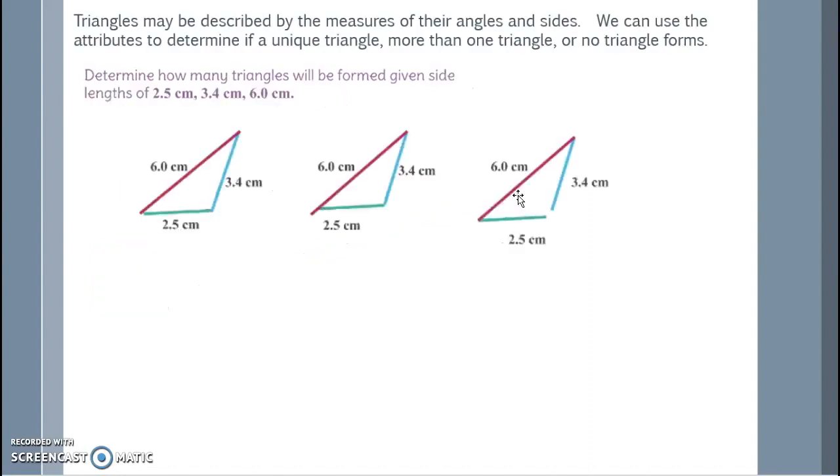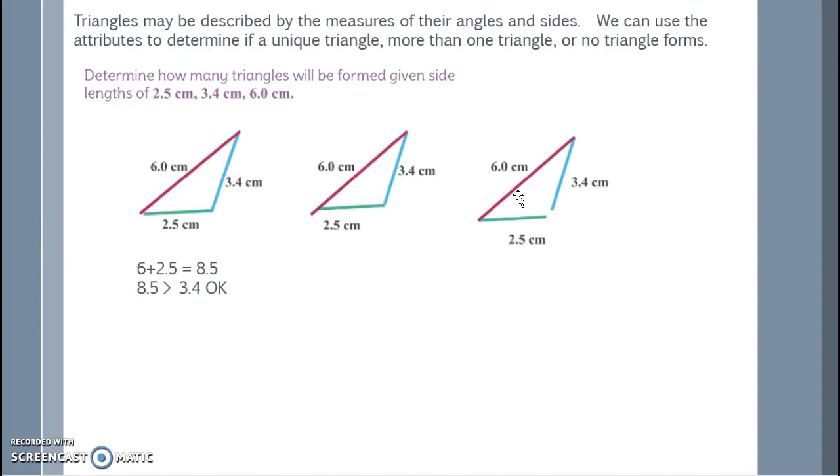Determine how many triangles will be formed given the side lengths 2.5 centimeters, 3.4 centimeters, and 6.0 centimeters. So I have the different triangles laid out here. I'm going to show you some things, and then we're going to talk about it.